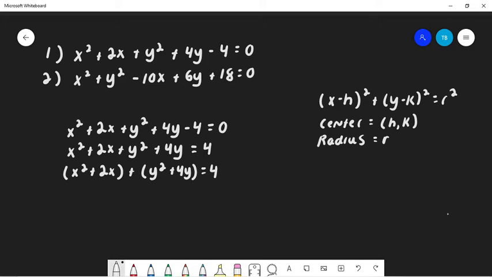So for instance, in the first set of terms, we have x² + 2x. We take the coefficient of the linear term, 2, divide by 2, that gives us 1, and then we square 1, and we still have 1. So to have a perfect square trinomial, we would do x² + 2x + 1. Then we do the same thing for the y's.